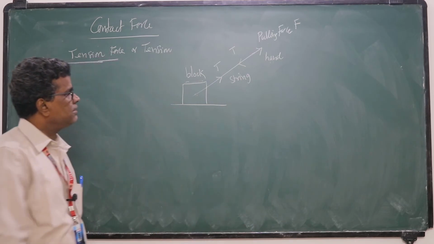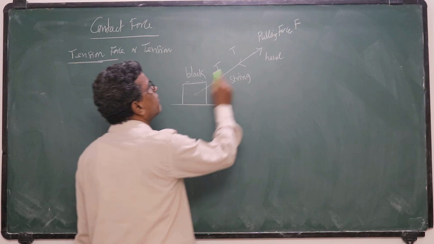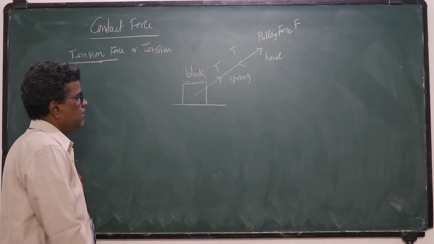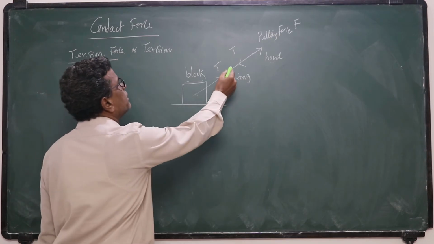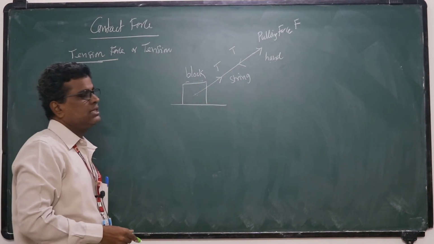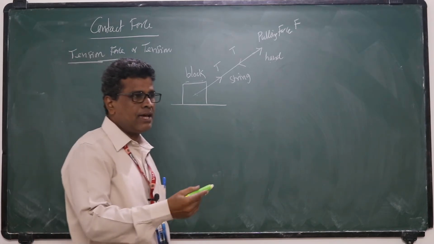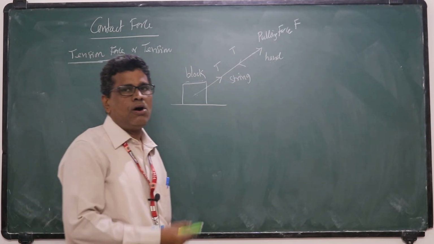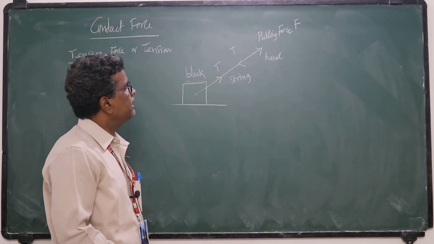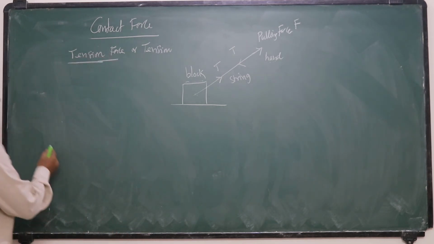Here you consider this a system. The system consists of block, hand, string. There are three things here. So what is the tension in the string? This tension is a force that arises in the strings when the string is tight. So what is the tension force?